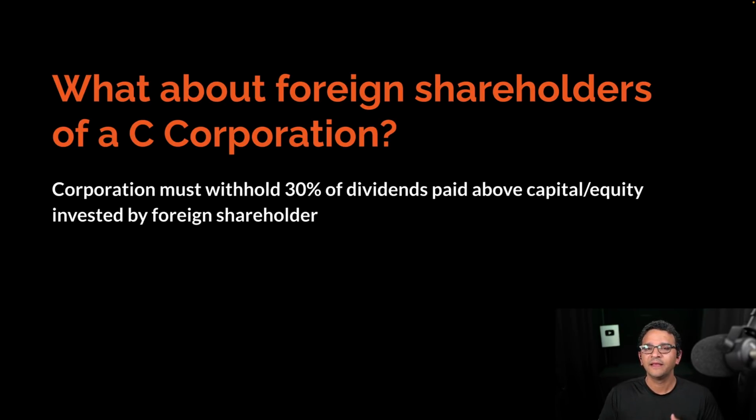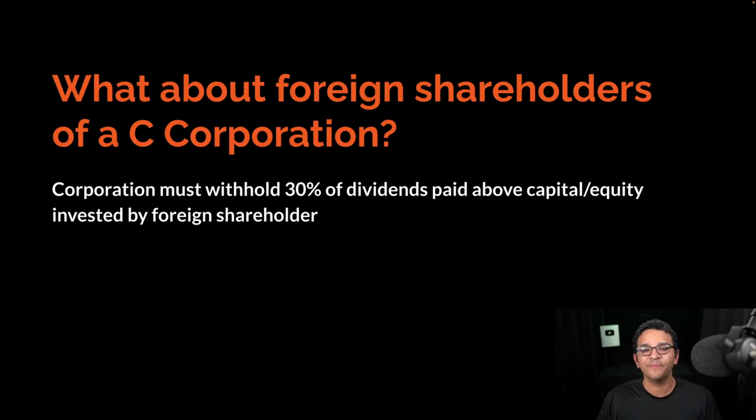So it's a little bit different. They're still withholding because they're foreign. Right? Now, I didn't put a slide on this, but what about foreign shareholders in an S corporation? That's not a thing. S corporations are only for US-based people. So you can only have foreign shareholders in a single member LLC, multi-member LLC, or a C Corp.